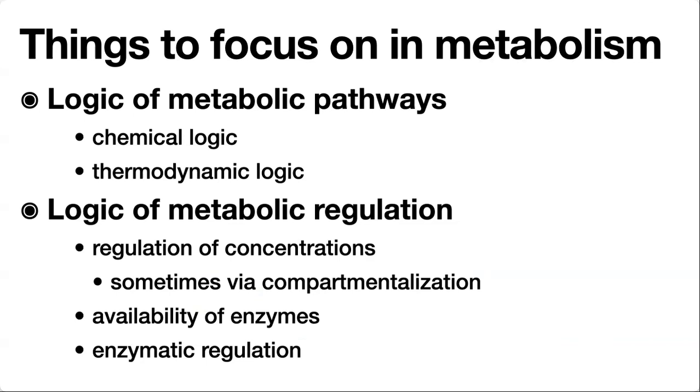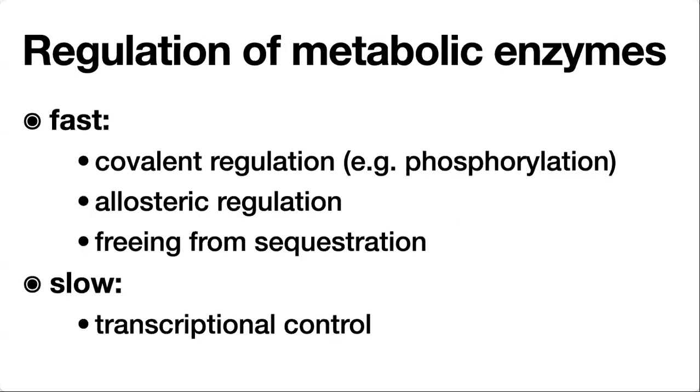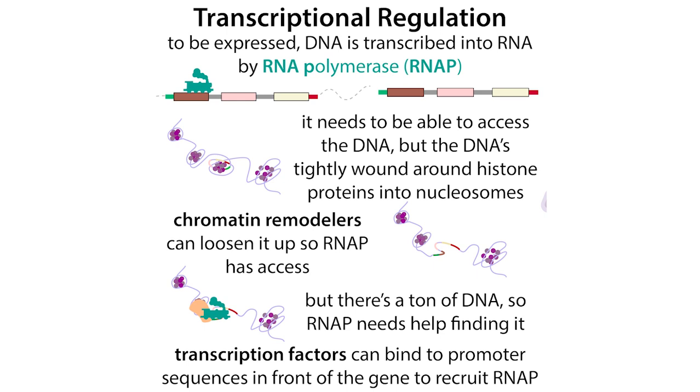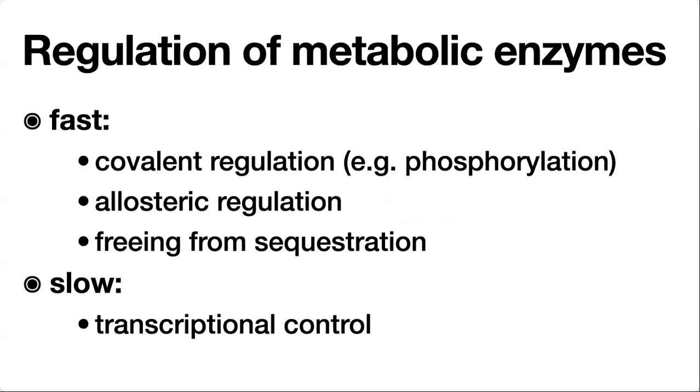And then when we have the enzymes, we can regulate their activity. So we can regulate enzymes on a variety of time scales. One, like we talked about before, that would be slow, would be transcriptional control. Like, do we actually have the enzyme present? A bit faster is if we've got it present, we've got it made, but it's being sequestered.